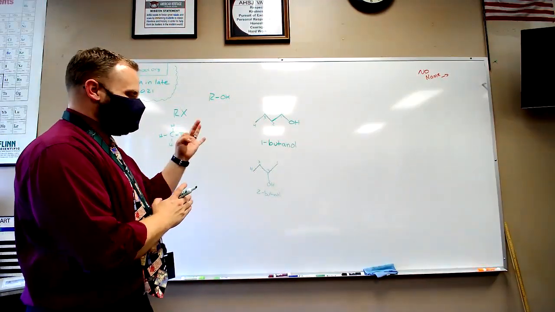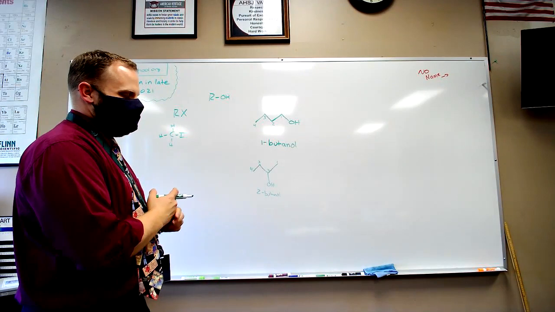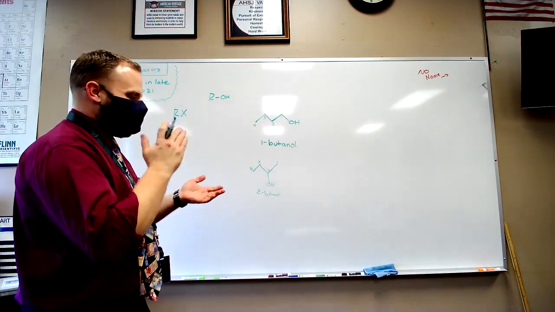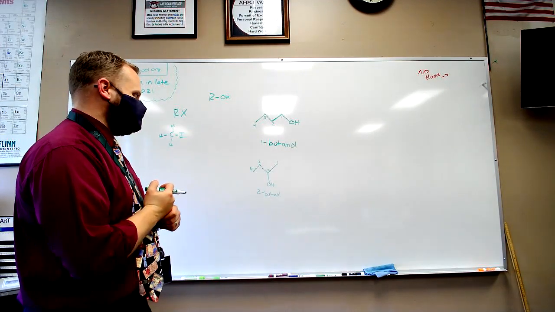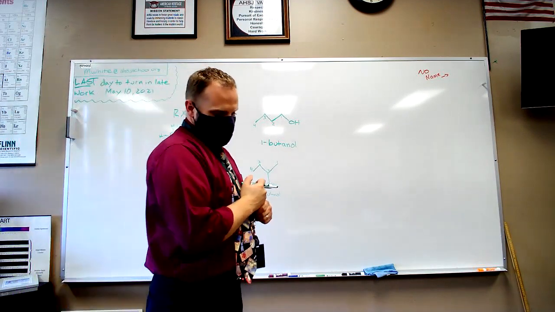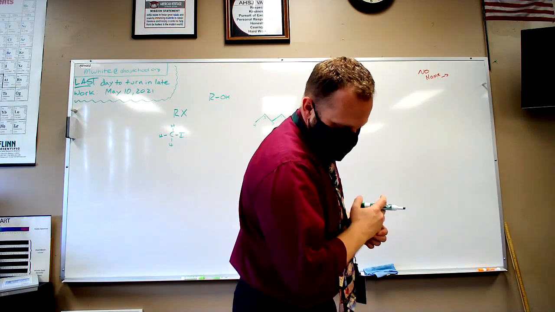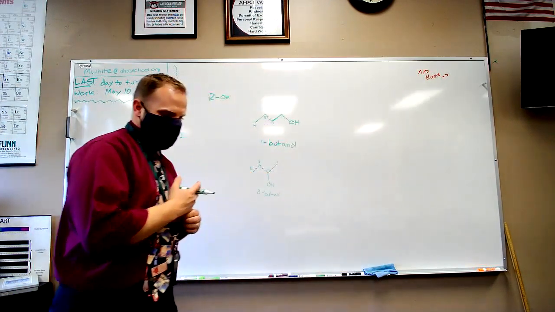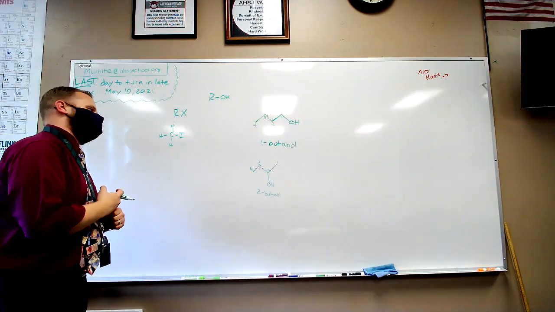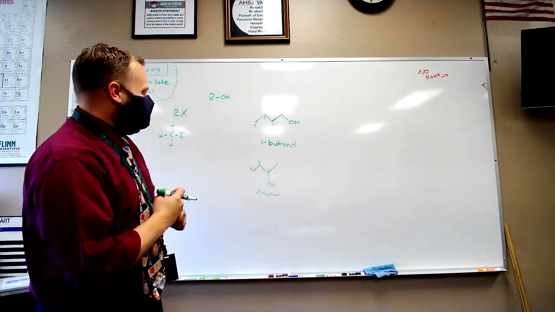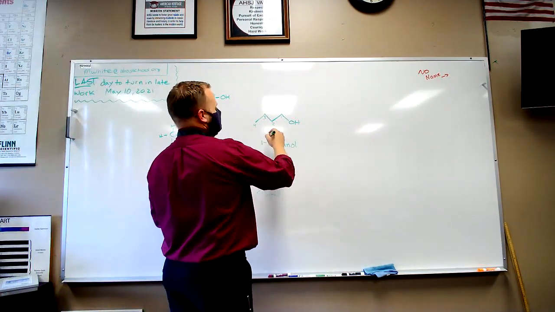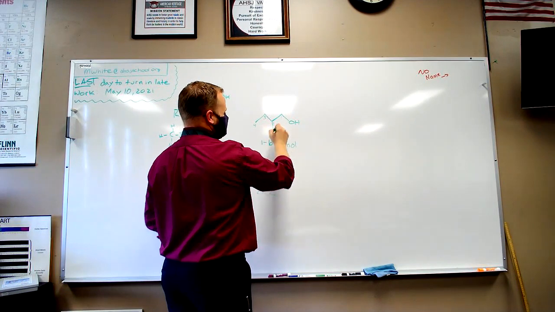But once you get to 3 carbons, then you definitely have to tell us where that is. So, just as sort of a precaution, we can have 2 on there.